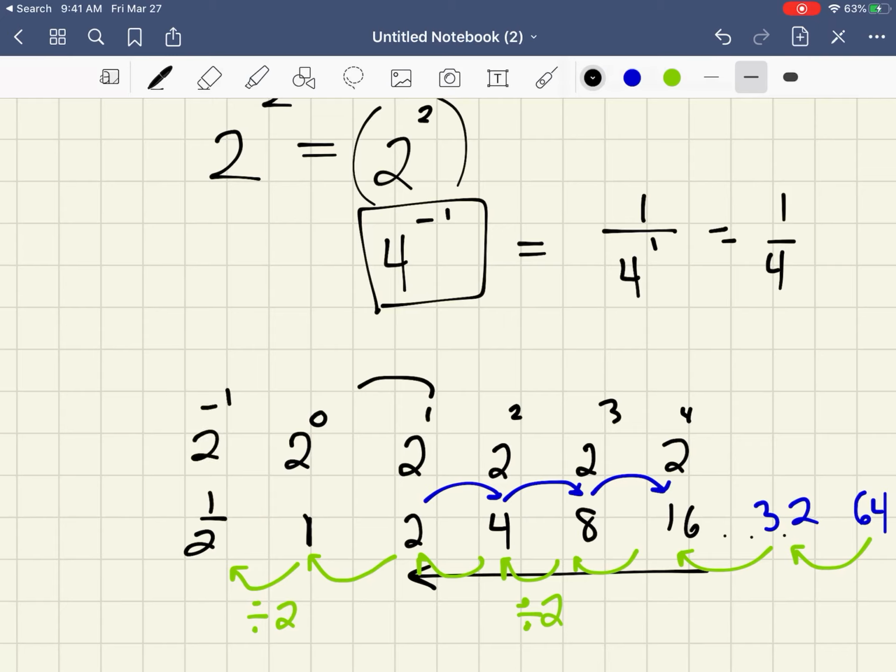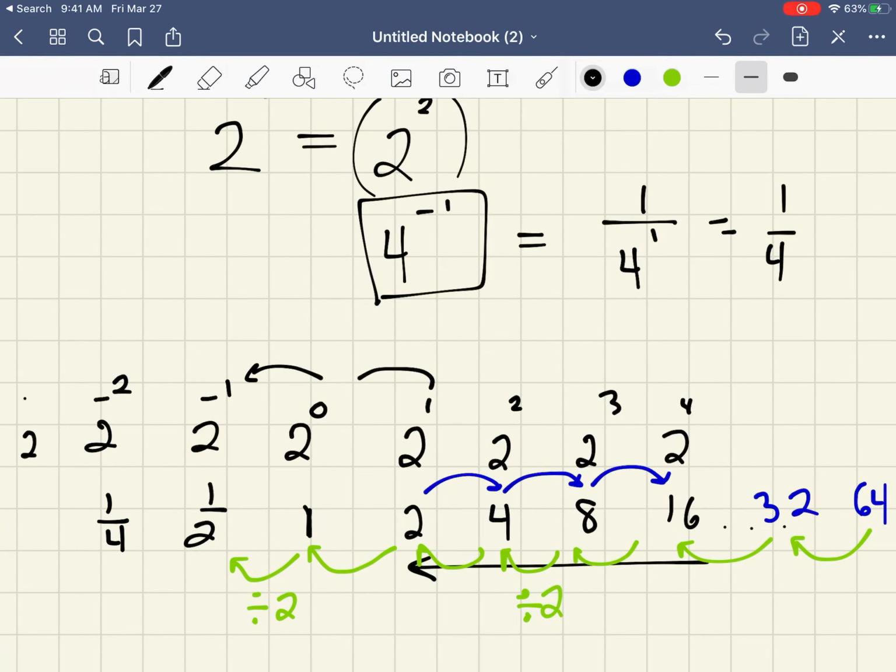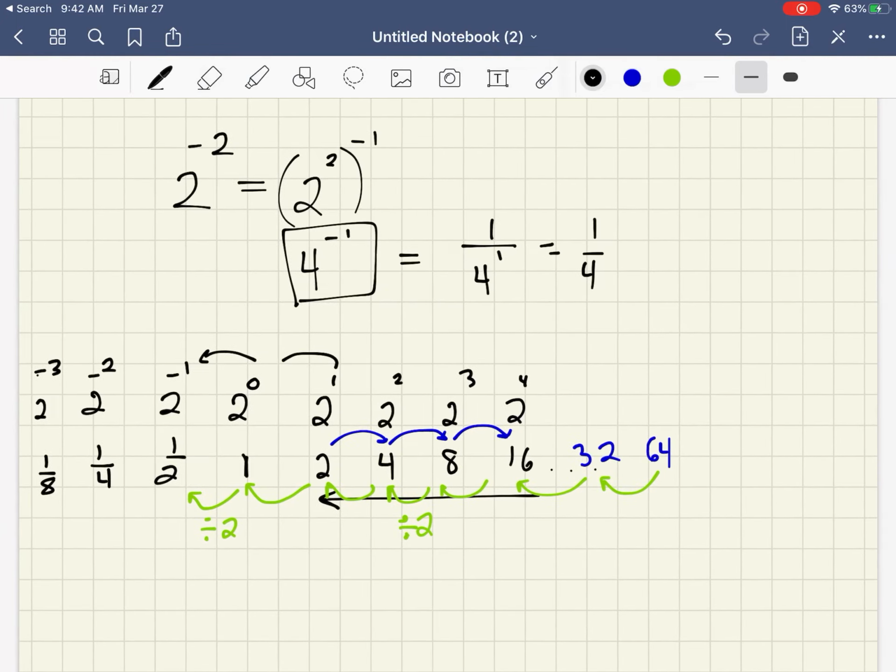Continuing the pattern into the negative exponents, 2 to the negative 2, if I divide 1/2 by 2, I get 1/4. And 2 to the negative 3 is 1/8. So when you have a negative exponent, you end up getting the reciprocal of that number. It works for fractions as well, but that's a separate lesson.